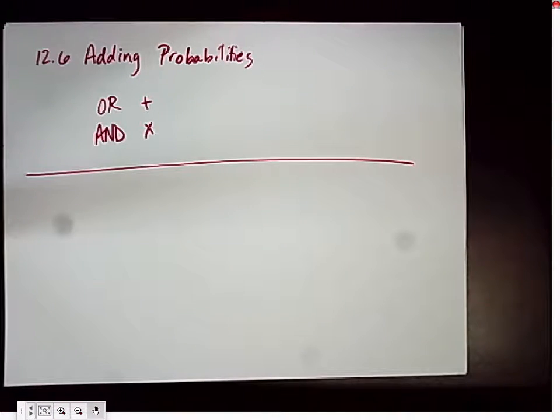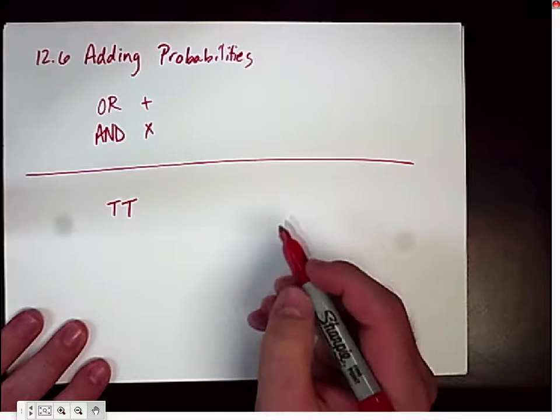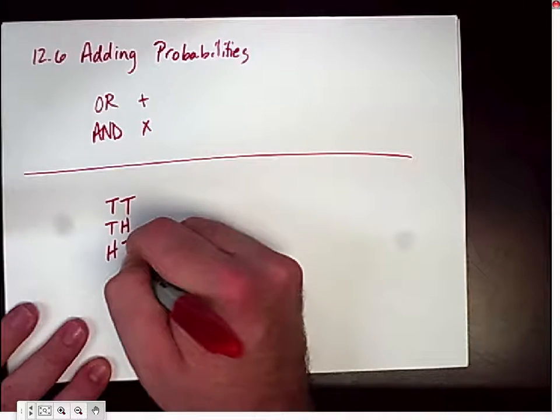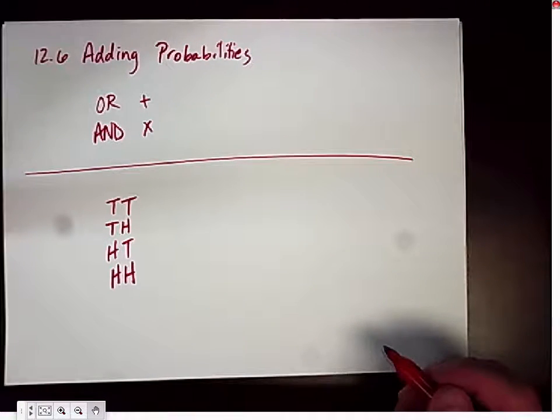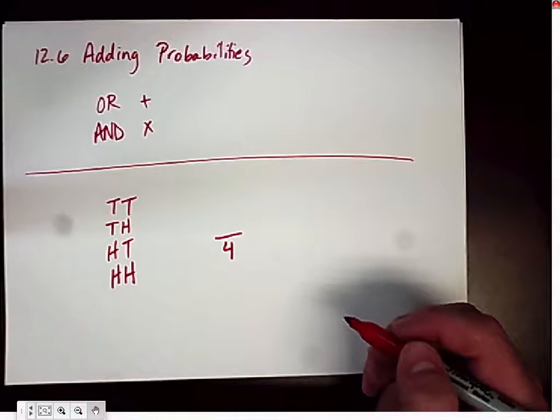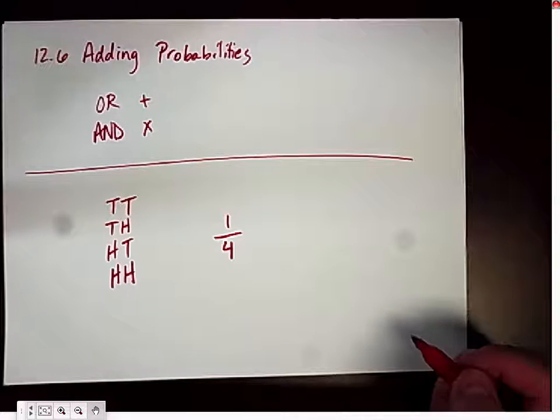Let's just list out all the things you could do. You could do tails, tails. You could do tails, then heads. You could do heads, then tails. Or you could do heads and heads. Right? How many outcomes are there? 4. How many of them are heads and then heads? 1. So the probability would be 1 out of 4.